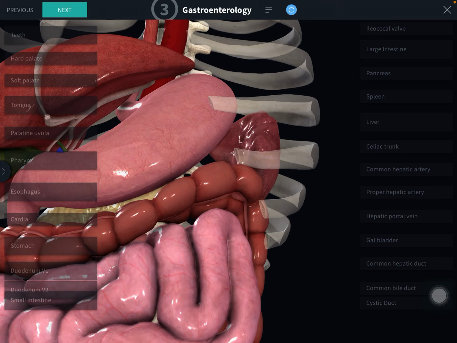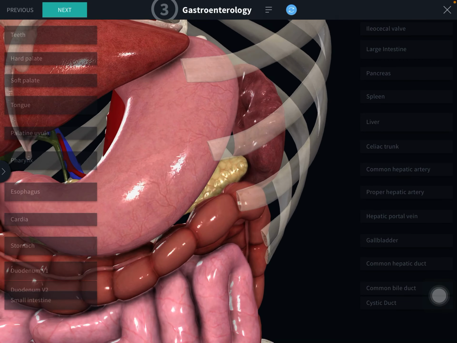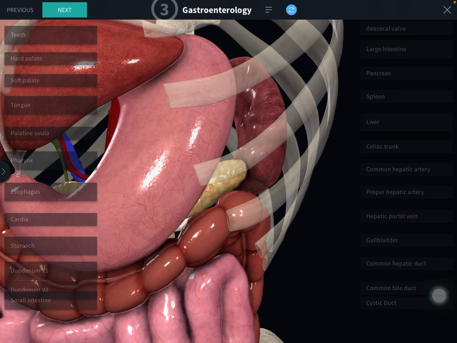Another structure related, which you are seeing nicely, is the tail of the pancreas. Pancreatic impression is between the colic impression and the lateral end of the spleen. It is related with the tail of the pancreas between the 2 layers of the lienorenal ligament.